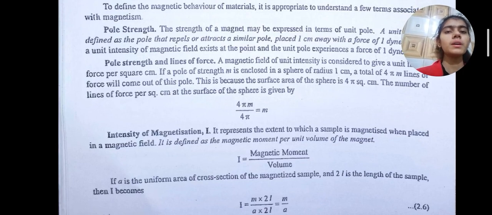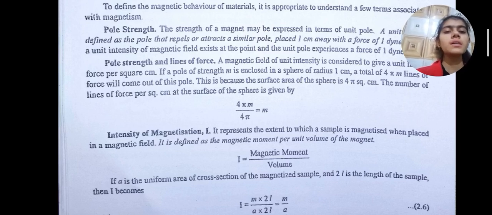Another term is intensity of magnetization. It is denoted by I. It represents the extent to which a sample is magnetized when placed in a magnetic field. It is defined as the magnetic moment per unit volume of the magnet. The formula is I = magnetic moment/volume.